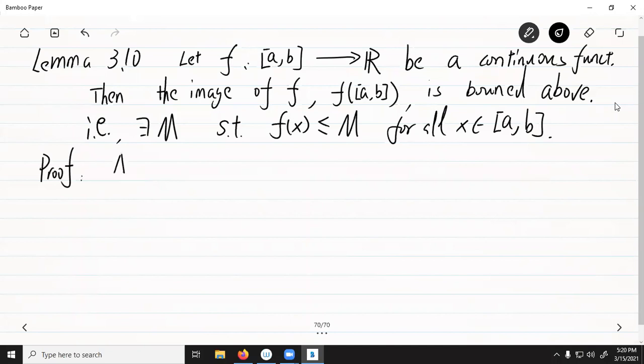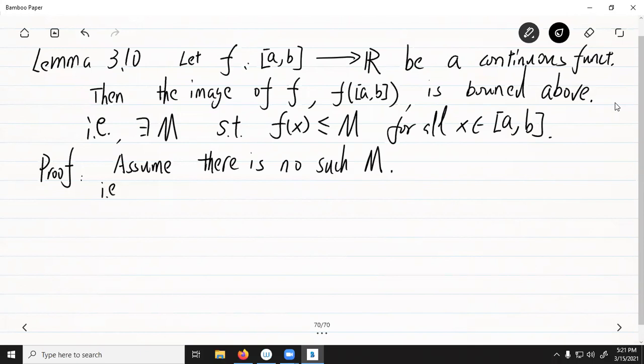So we assume there is no such number M. So for any number, we can always find some f of x which is greater than this number.